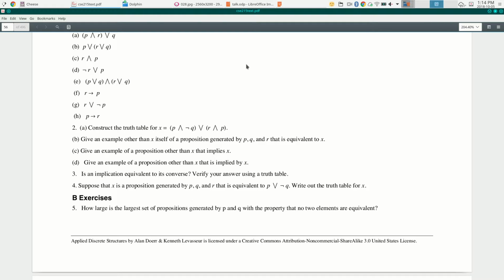But questions C and D are the ones that are a little more confusing, perhaps. Question C says, give an example of a proposition other than X that implies X. So we want some proposition P, I'll switch back in a minute.